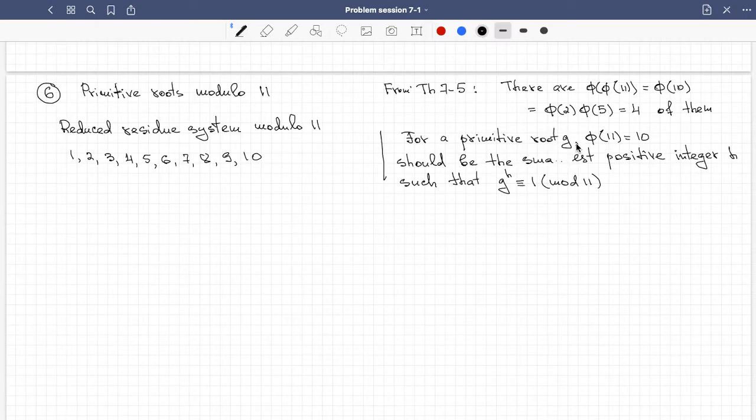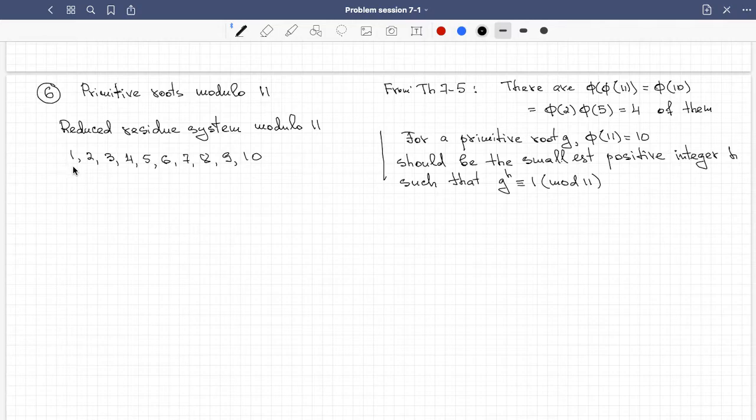In other words, the length of a cycle should be exactly 10. All these powers should be covered by the primitive root.